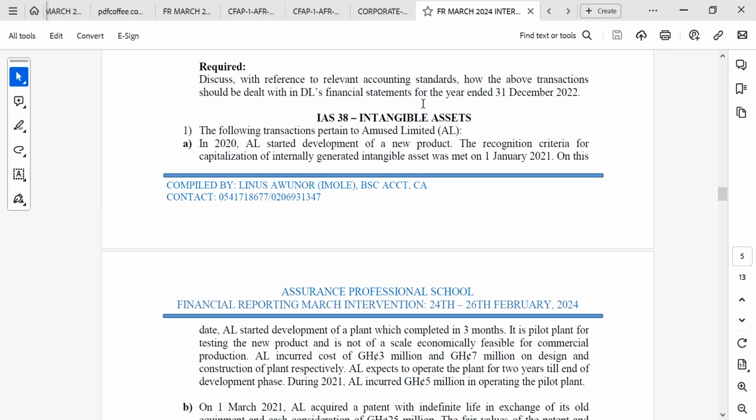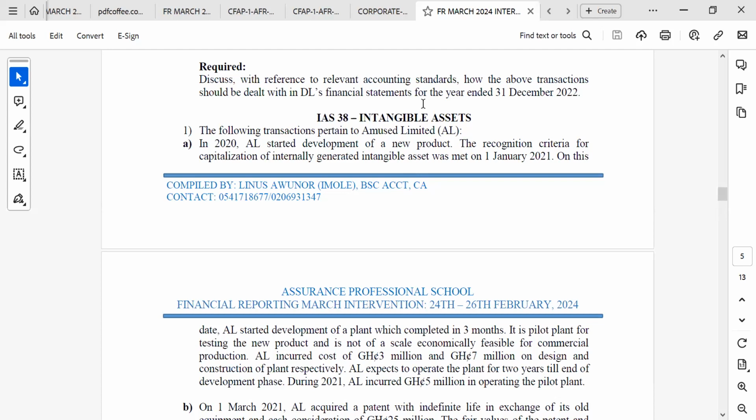In that case, the company can capitalize the training course and assume that the benefit will be consumed over the 4 years. So the company can capitalize the training course and amortize it over the 4 years. But if nothing like this is being said, the training course should be expensed as when it is incurred.